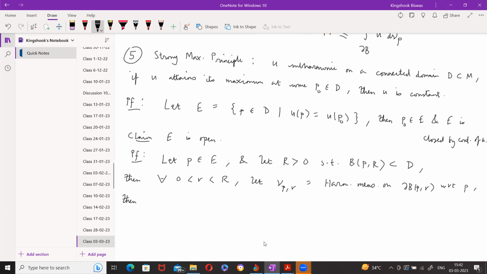What do we know? We know that U of P, since U is subharmonic, is less than or equal to the integral over boundary B P R of U d nu P R, by property 4 above.